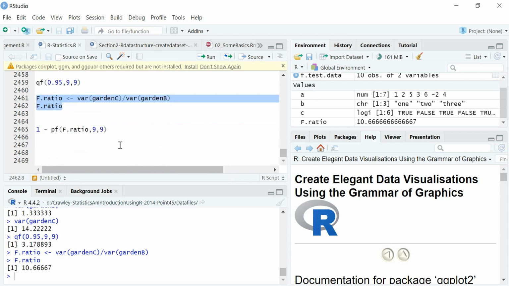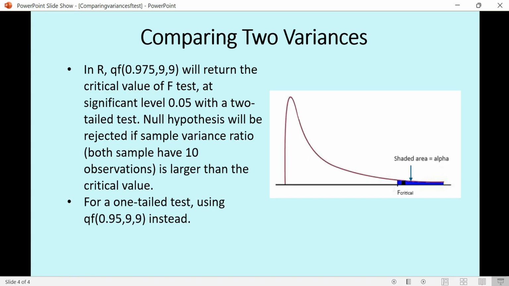Another alternative is to calculate the p-value from the sample. For that we can use the pf function. pf calculates the cumulative probability up to this quantile value. Here we use the sample variance ratio, and pf gives the left side's probability, the white area, of getting such a sample F ratio in an F distribution. Then we use 1 minus this cumulative probability, and we get the right side's probability.